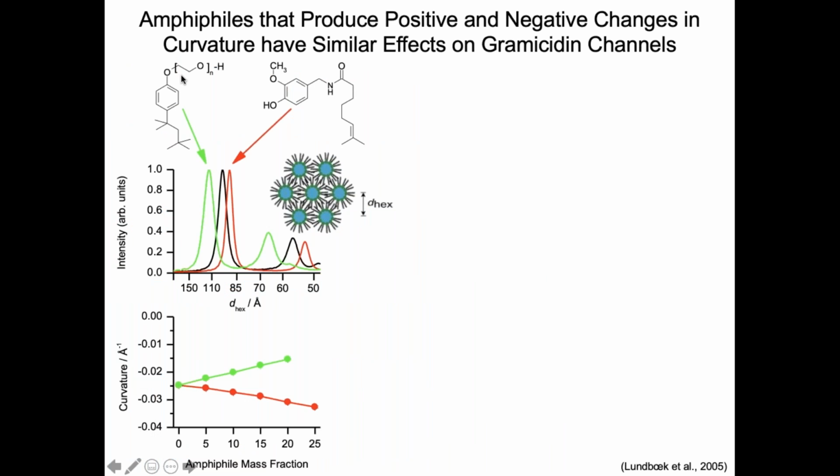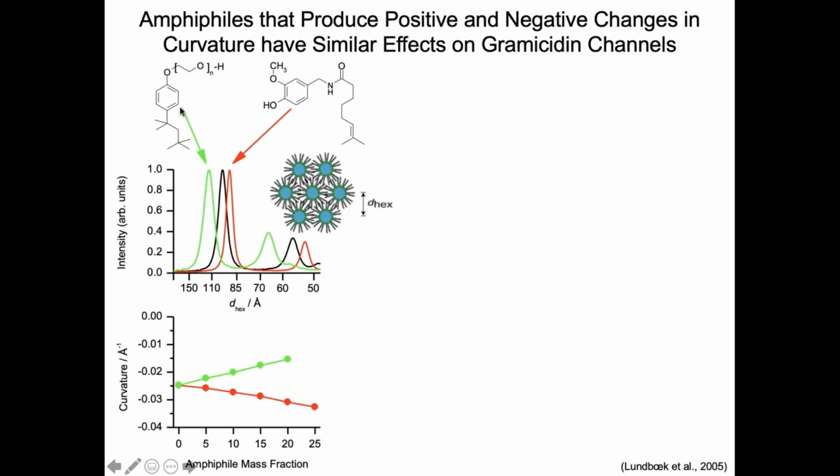Experimentally, we took two molecules, Triton X100 and capsaicin, and because of the results I'll show you in a moment, we felt it was critical to determine their effects on curvature, which we did by studying the hexagonal repeat distance in small angle X-ray scattering experiments.